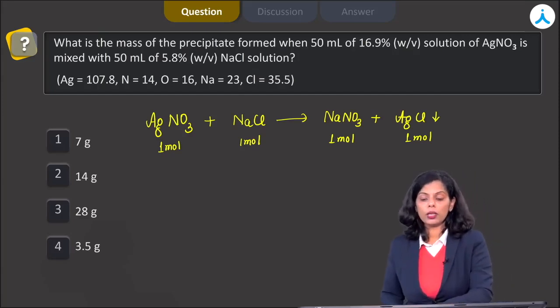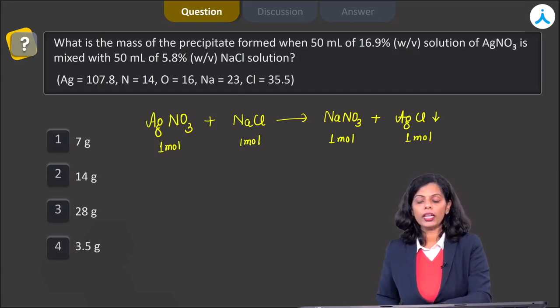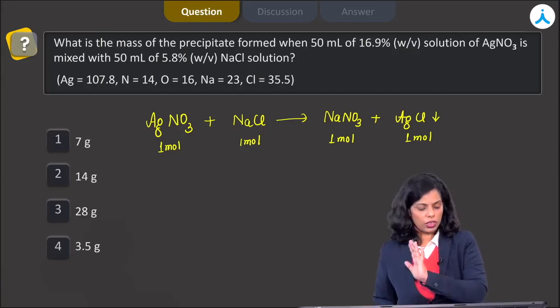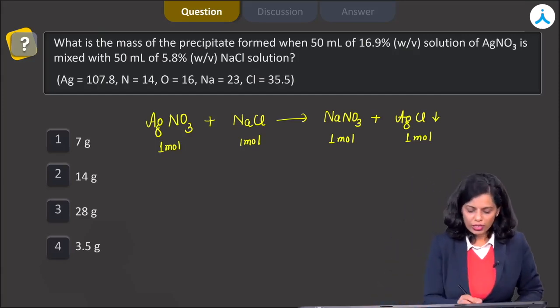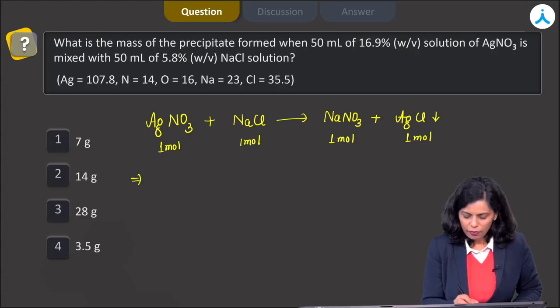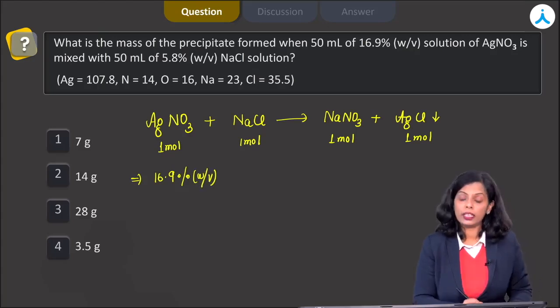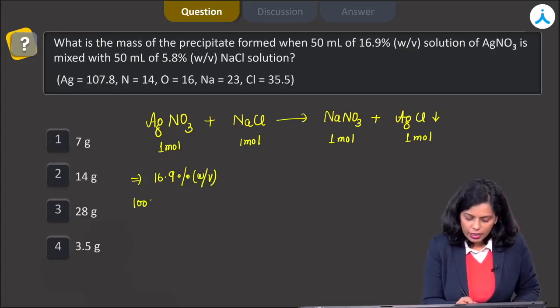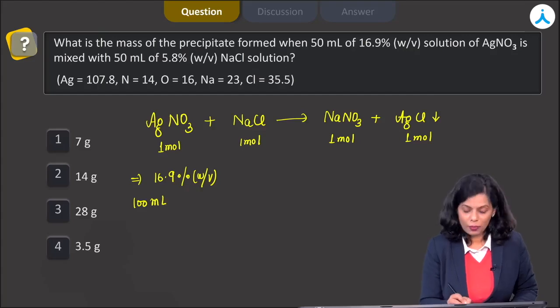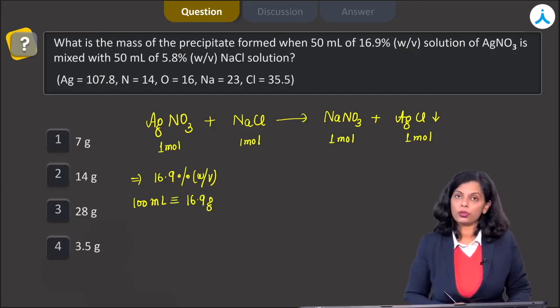50 ml of 16.9% weight by volume solution of AgNO3 is given. Okay. So you can check here, if it is 16.9% weight by volume, what does it mean? It means 100 ml of this AgNO3 solution contains 16.9 gram of AgNO3.